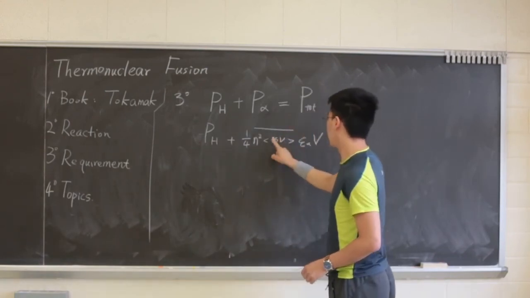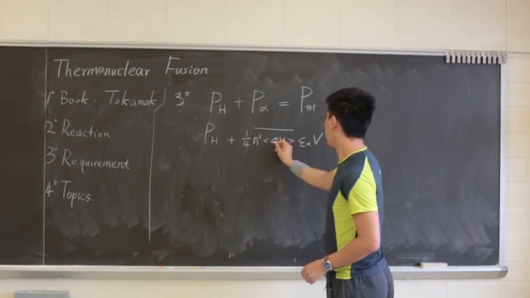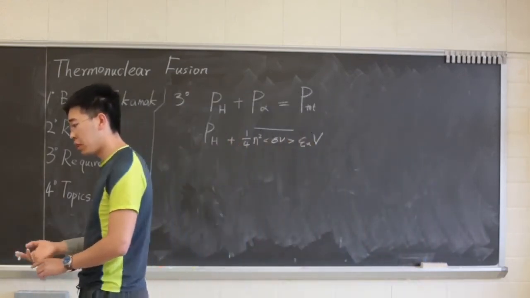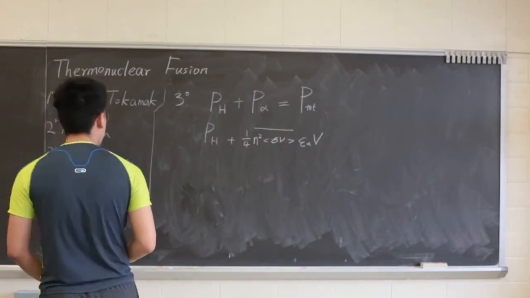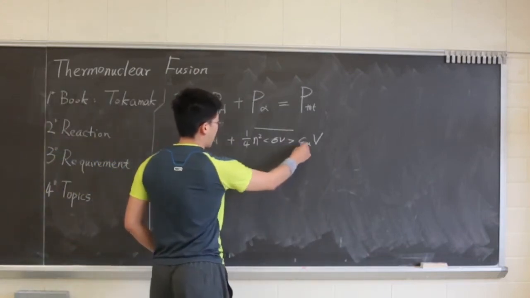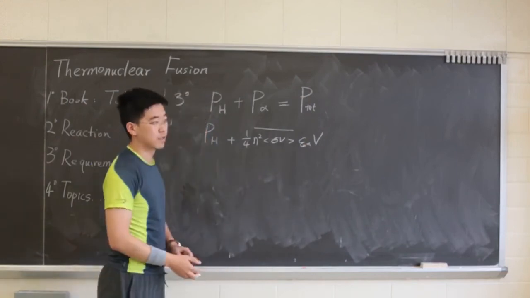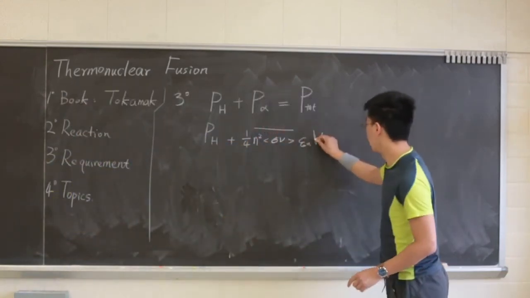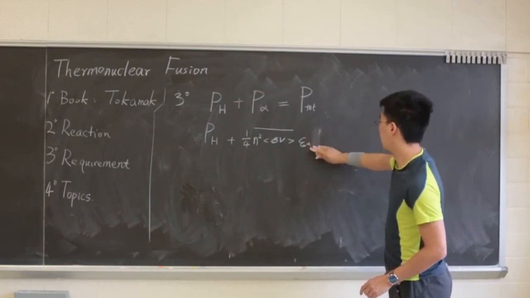So sigma is cross-section, mu is the collision frequency, I will assume. N is the density, and epsilon alpha is the energy of alpha particle. V is the velocity of center of mass.